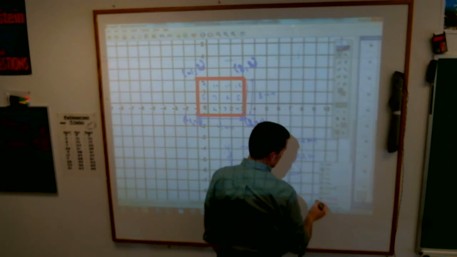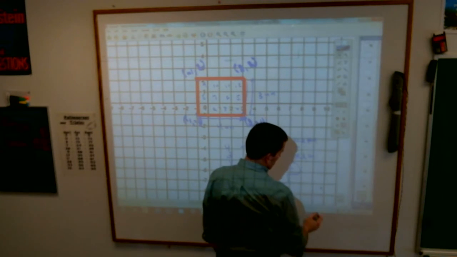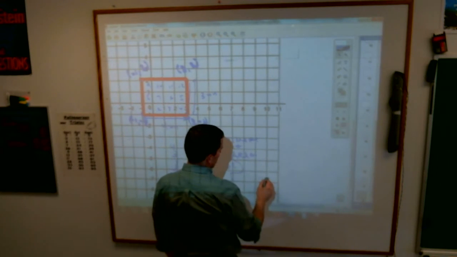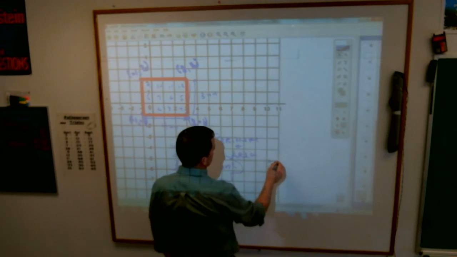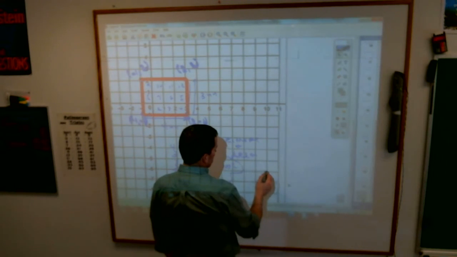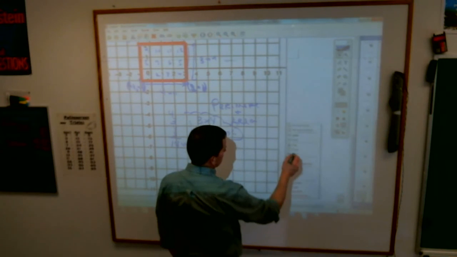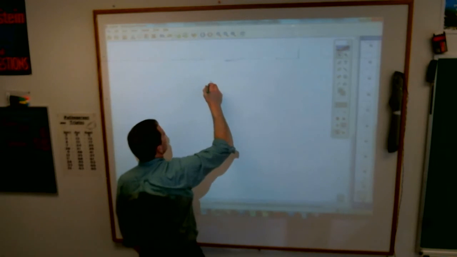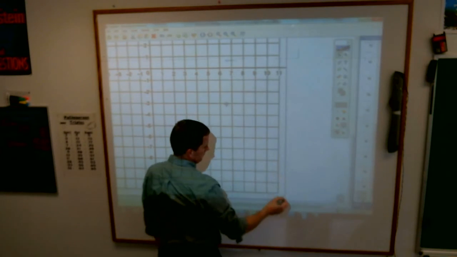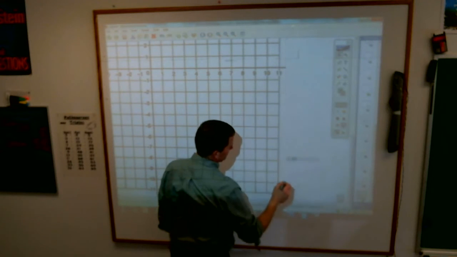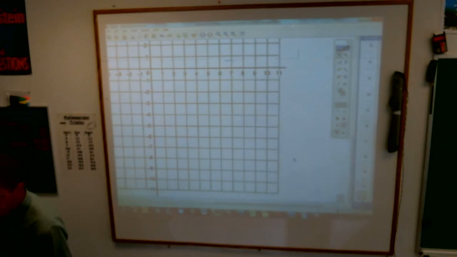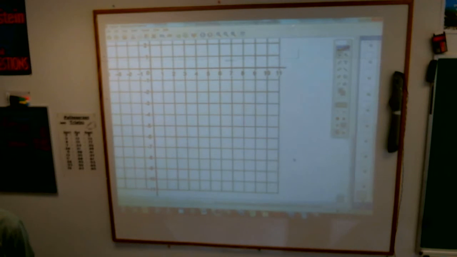So, just listen for one touch bit longer here. If you look in your book at page 366, you will see a ton of points to plot.